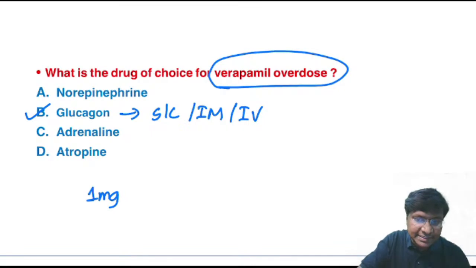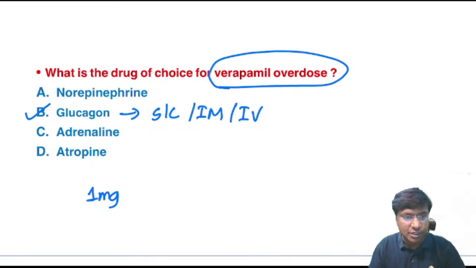Now coming to the verapamil overdose. Verapamil is a calcium channel blocker, right? The other calcium channel blockers like diltiazem and nifedipine are for hypertension, but diltiazem and verapamil are the ones given for tachyarrhythmias. They will reduce the heart rate.